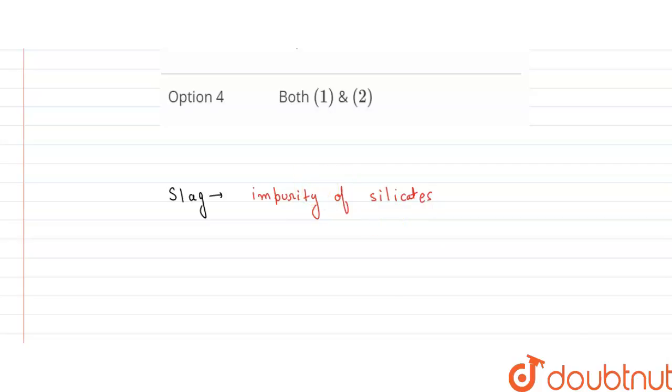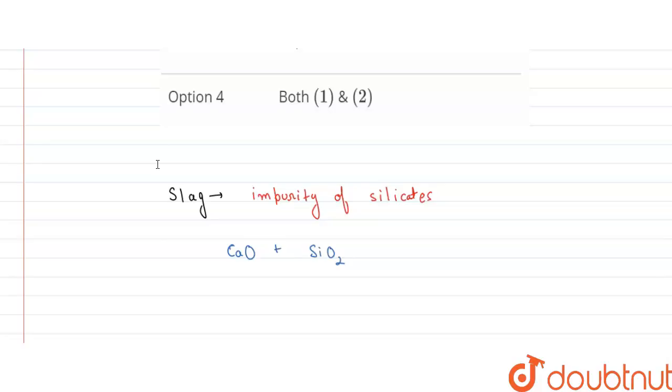Basically, let me also write the reaction for better clarity of how slag is formed. So we have calcium oxide reacting with silicon dioxide. So this silicon dioxide over here is the impurity of silicates. Calcium oxide, we know that in the middle region of blast furnace, the calcium carbonate is being decomposed and it converts to calcium oxide.